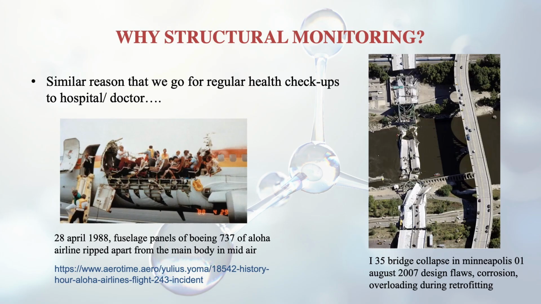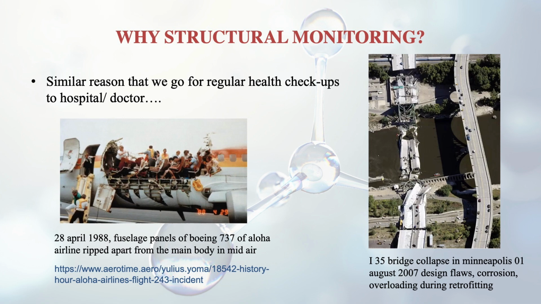Now two examples are shown here. One is the I-35 bridge collapse in Minneapolis, which occurred in 2007. Here the reasons for the collapse were found to be design flaws, corrosion, overloading, etc. Similarly, this accident in the aerospace industry occurred in April 1988.